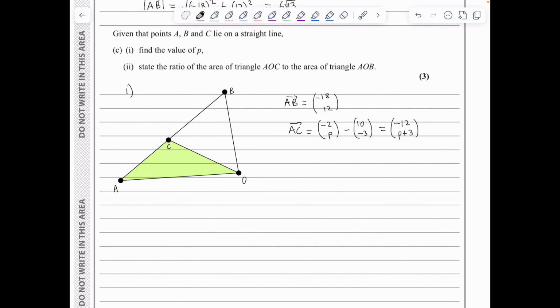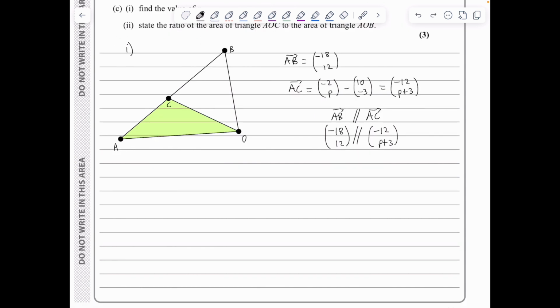And we know that since ACB lie on a straight line, then it must be the case that AB and AC are parallel. So vector AB is parallel to the vector AC, which means that negative 18, 12 is parallel to negative 12, p plus 3, and therefore I can look at the ratio of the components.